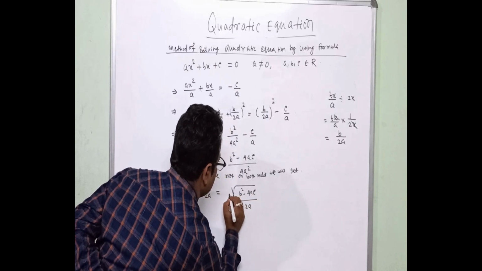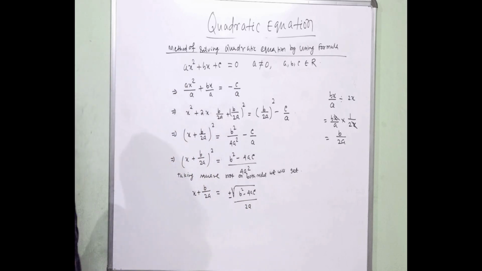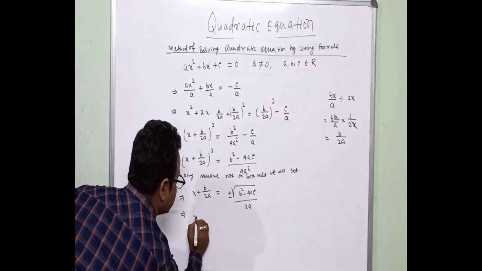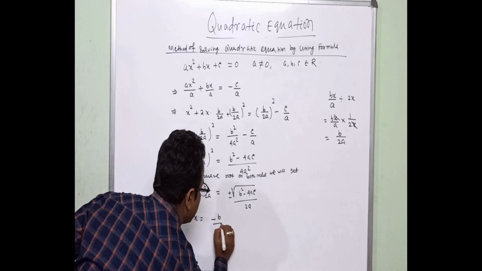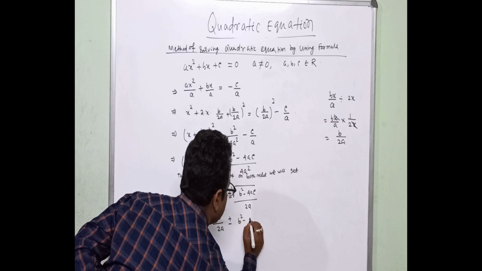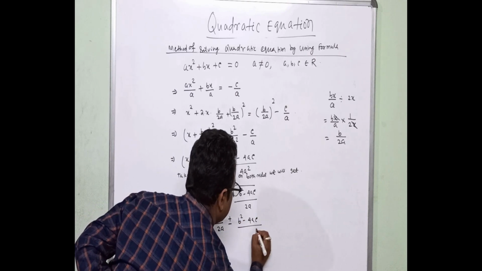Where we are finding the root, we have to insert a plus minus sign. Now that implies x is equal to minus b by 2a plus minus root over b square minus 4ac by 2a.